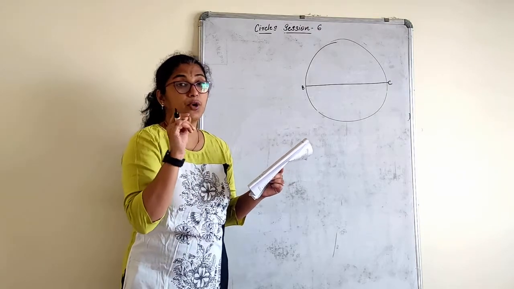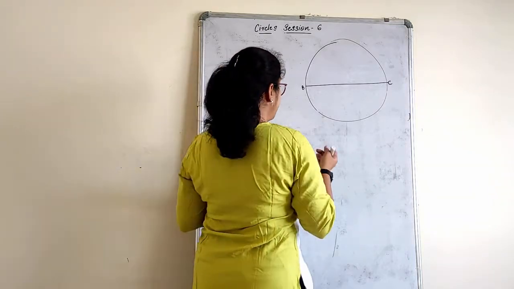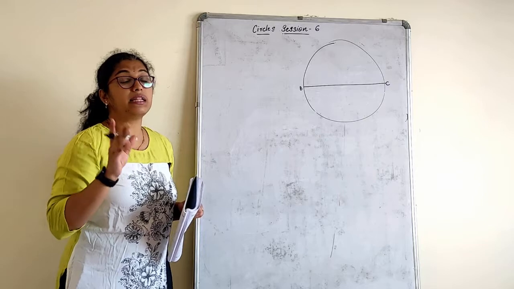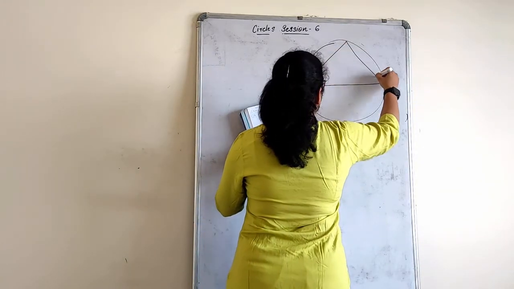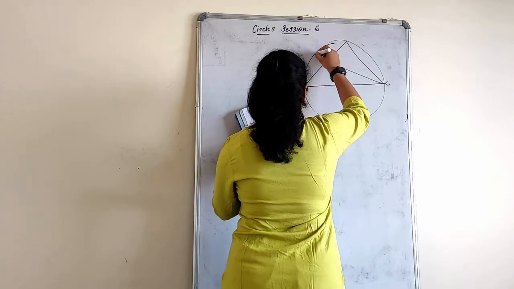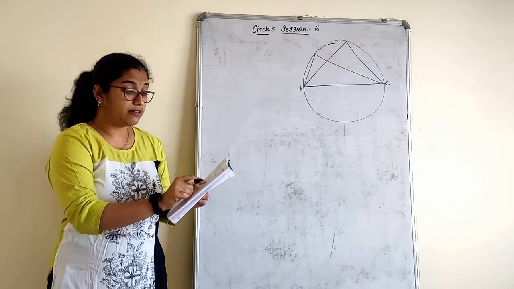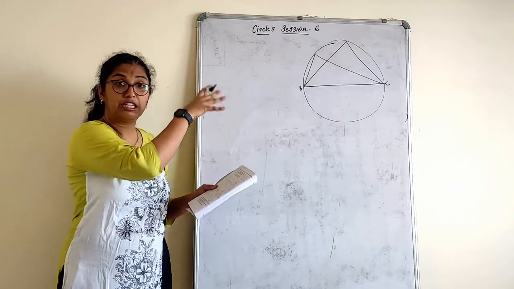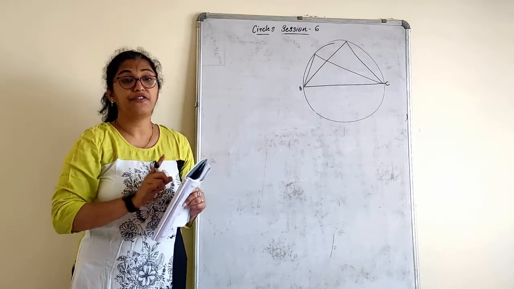Though there is no midpoint, you can't consider BC a diameter. Remember that. If it is a diameter, they will mention O is the center of the circle and BC is a diameter. Only then it is a diameter. And all these geometry figures, circles what we are drawing, they are not rough figures, please remember. Even in the figure given in your question paper, and the figure you present in your notebook should be a neat circle, children, not a rough freehand figure.